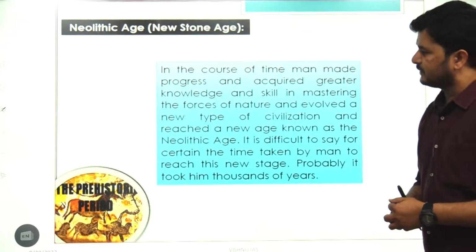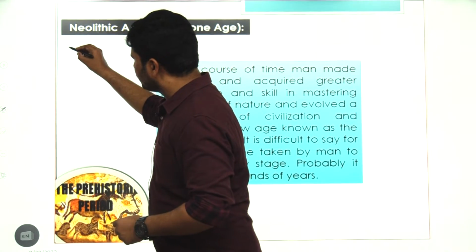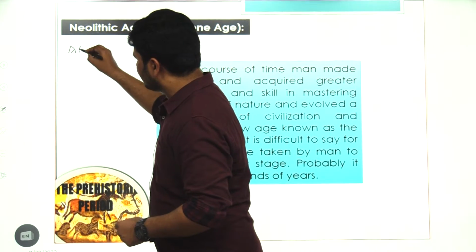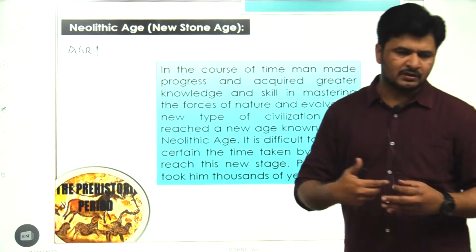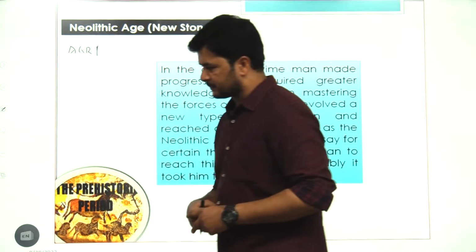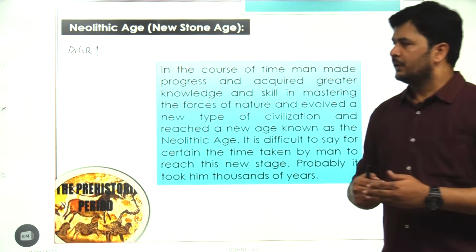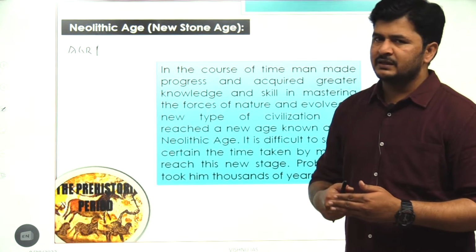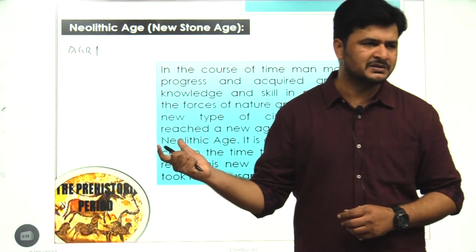But the moment we found the so-called technology which forced these people to be called Neolithic cultures. So as far as the characteristic features of Neolithic cultures are concerned, we found agriculture. I'm talking about the features of Neolithic cultures. So what does it mean by agriculture? You understand it in this way: Neolithic people started learning an art called the art of cultivation, as simple as it is.